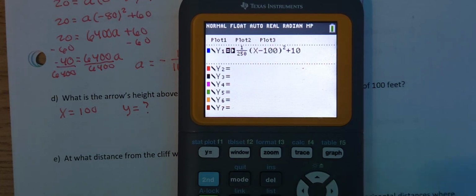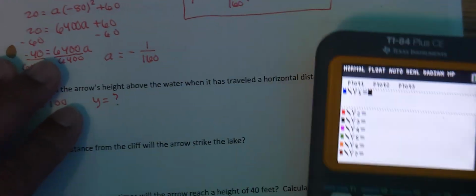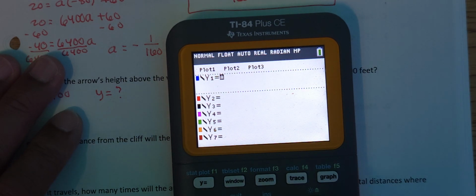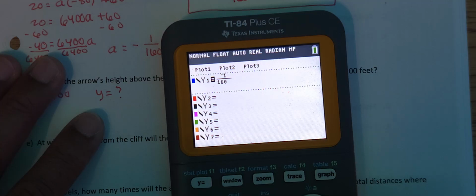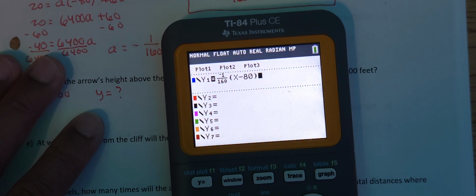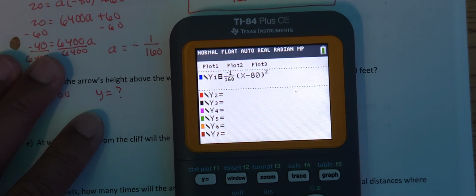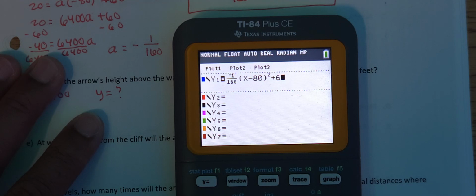So I'm going to go to y equals and clear whatever I have there and enter the new function. So the new function is negative 1 over 160, open parentheses, x minus 80, close the parentheses, take the square, and then add 60 to it.